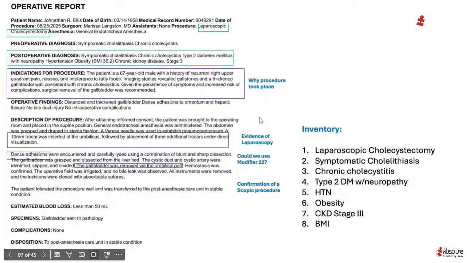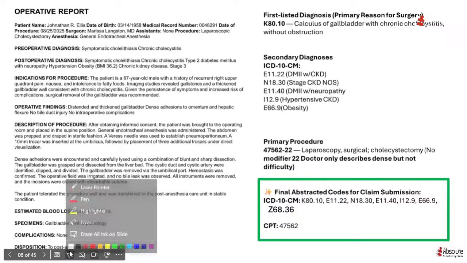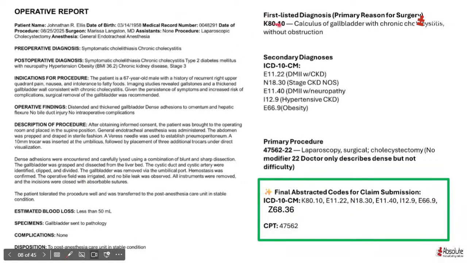At the top, my first listed code will be the calculus of gallbladder with chronic cholecystitis without obstruction. The secondary diagnoses that I'm going to code: E11.22, diabetes mellitus type 2 with CKD.